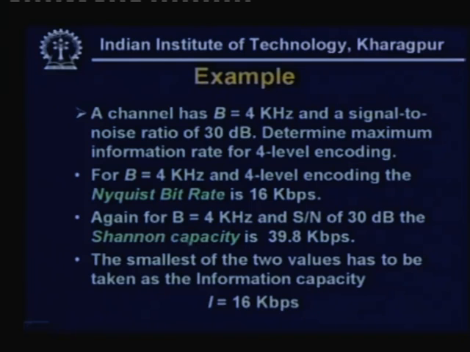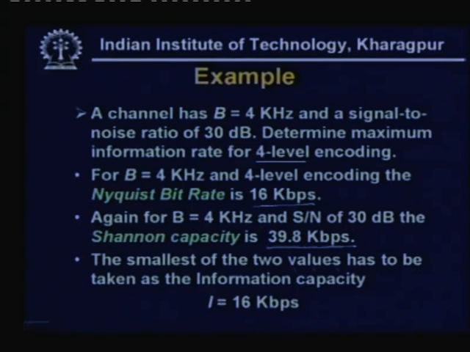On the other hand, if we take into consideration the signal to noise ratio of 30 dB, then we get a Shannon capacity of 39.8 kilobits per second. So we find two values. One value is 39.8 kilobits per second, which is the maximum capacity that is possible. However, with 4 level encoding, we can achieve only 16 kilobits per second.